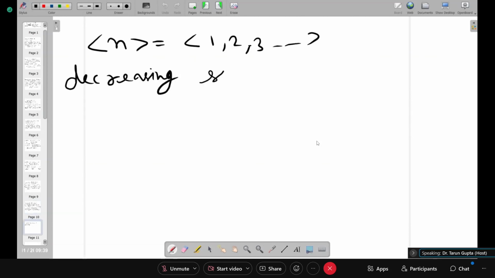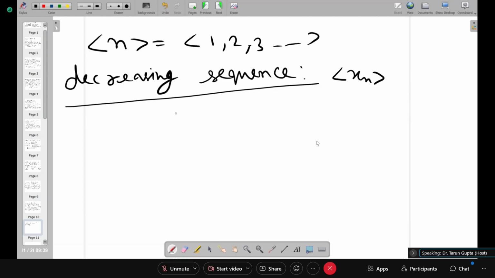Similarly, decreasing sequence. Decreasing sequence means suppose xn be a sequence such that xn plus 1 is less than or equal to xn for every n belonging to natural numbers, then this sequence is a decreasing sequence.